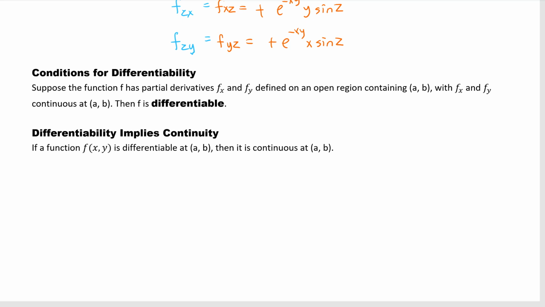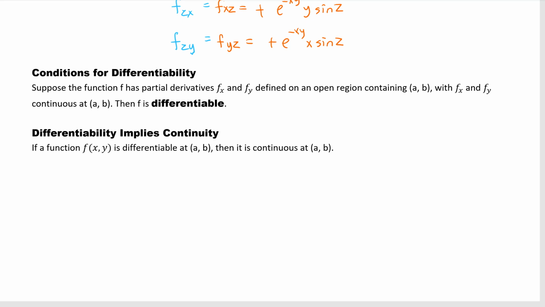So differentiable implies continuity, okay? If a function is differentiable, then it is continuous. This is very similar to what we have learned in Calc 1, right? We also learned differentiable implies continuous. And here is the same idea, just a generalization to multivariable.